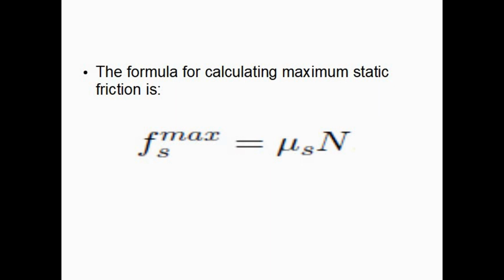In the previous video of Newton's laws we looked at force. In this video we're going to be looking at calculating the different frictional forces, such as the static frictional force as well as the kinetic frictional force. First of all, we're going to uncover the formula for calculating maximum static friction.